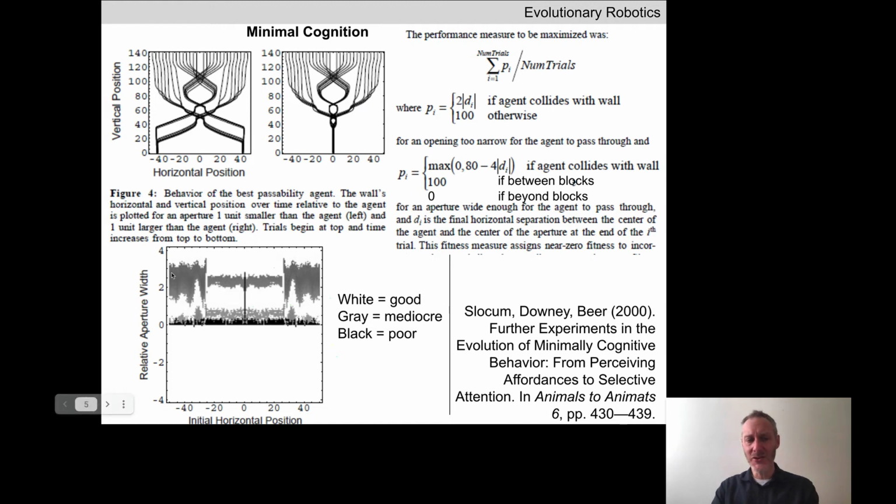You'll notice there's also a lot of gray out here, and there is a long spike of black up here. When the object pair was dropped directly above the agent, even when the gap was almost 3 centimeters wider than the agent, it ran away.